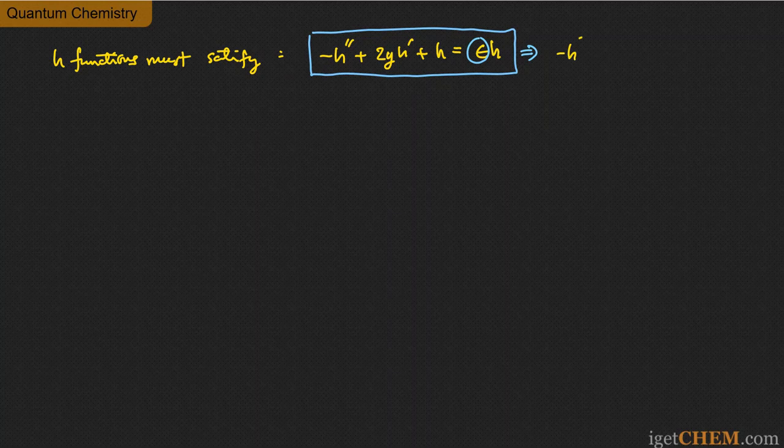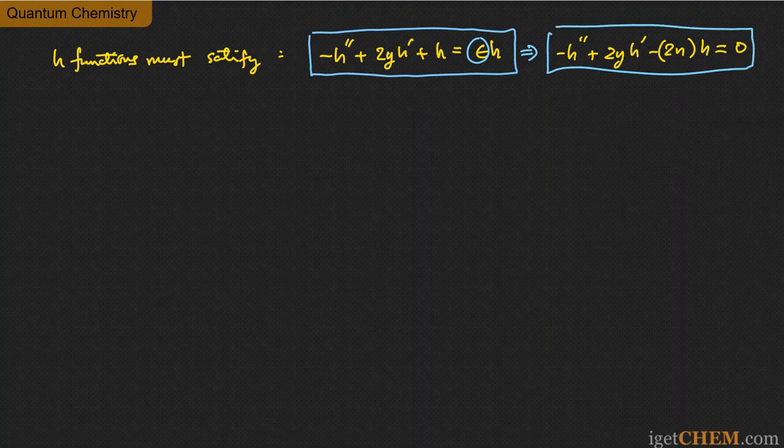So this equation can be written like this: 2y h prime minus 2n times h, and that is all equal to 0. So now we have used the value for epsilon and transformed our equation so that everything on the left side is equal to 0.